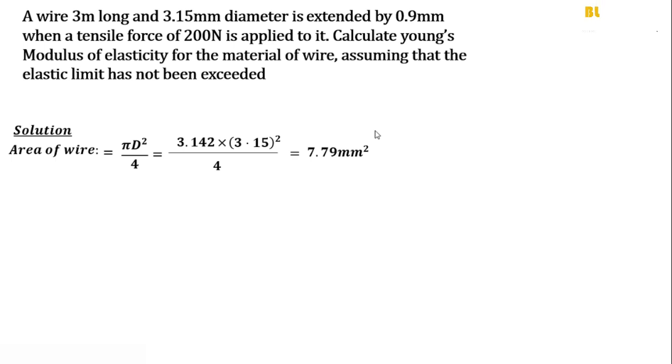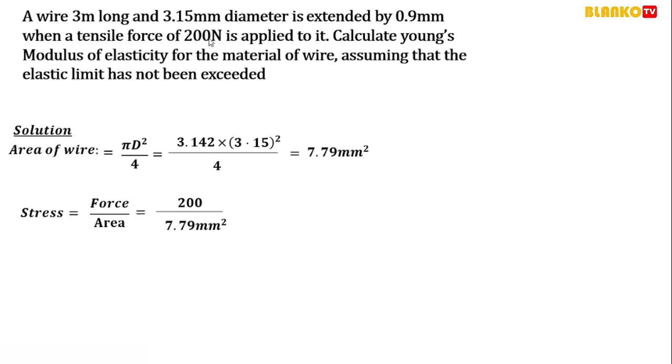Since from the question we have been given the force, which is 200 newtons, let's move on to calculate the stress. The stress is equal to the force over the cross-sectional area. So we have 200 over 7.79 millimeters square. 7.79 millimeters square is the cross-sectional area, and 200 newtons is the tensile force.